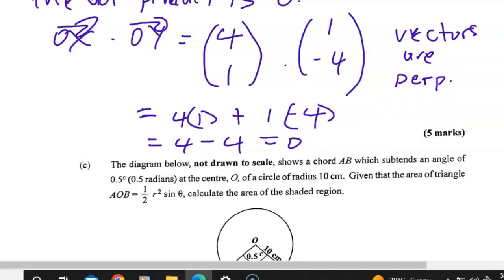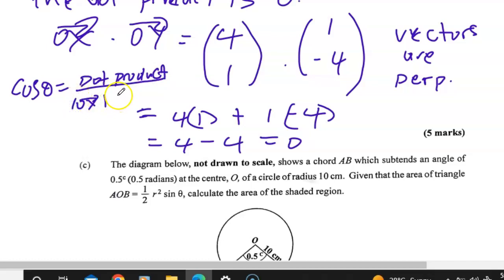Or you could just try to find the angle directly. Remember, cos theta is equal to the dot product over the modulus of OX times the modulus of OY.